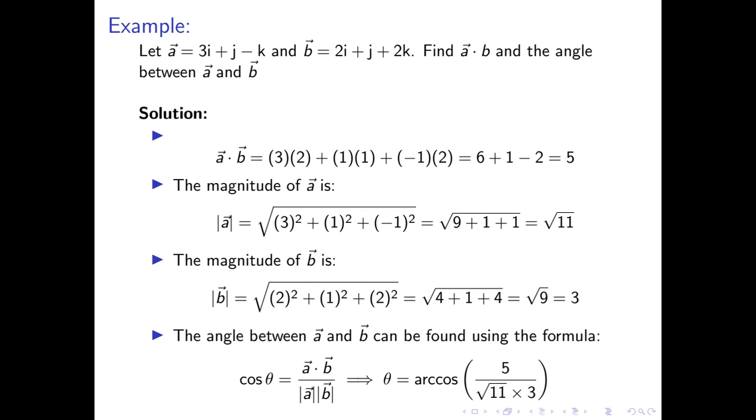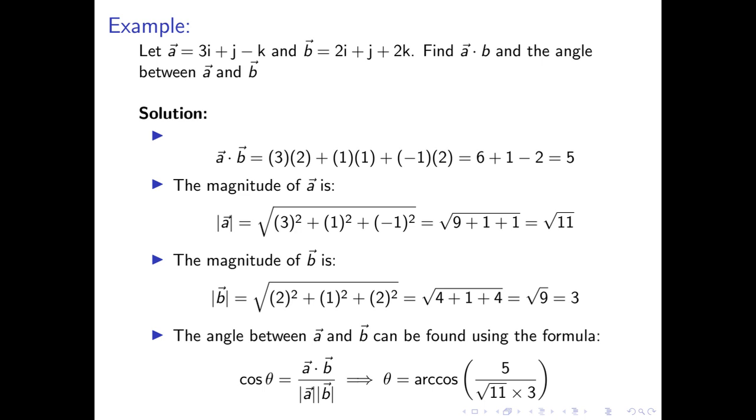To find the dot product of this, we can simply use the component terms approach. And how do we do that? You know that we have three components in this case.